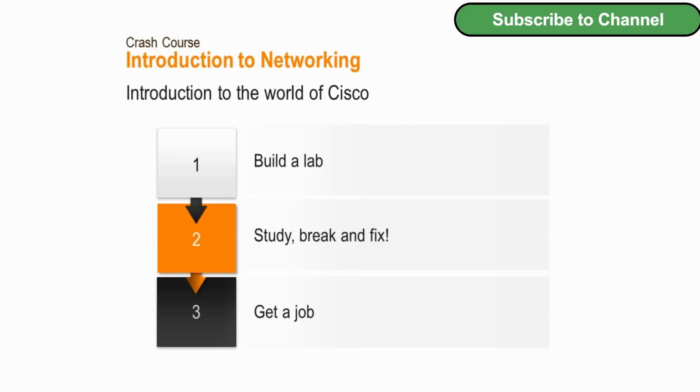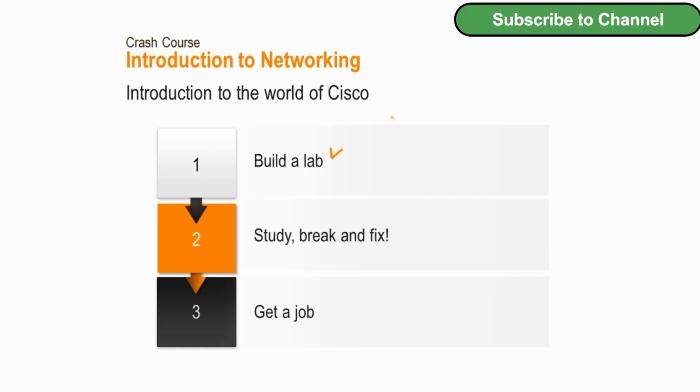How can you start? There are 3 points I want to show you. First of all, build your own lab. In my CCNA Real World series, I discussed that in detail. It's really important. If you want to work with Cisco, you have to have a lab.